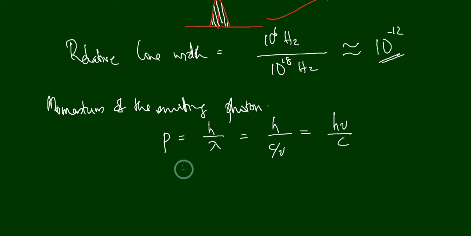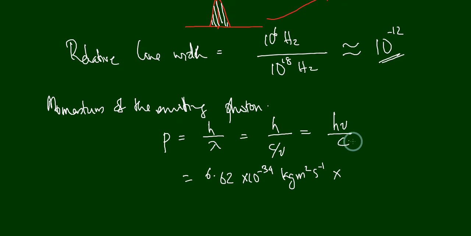That momentum will be equal to h, which is 6.62 × 10^-34 kg m² s^-1. Instead of joule second, we can write it like this also, kg m² s^-1, times nu, the frequency.